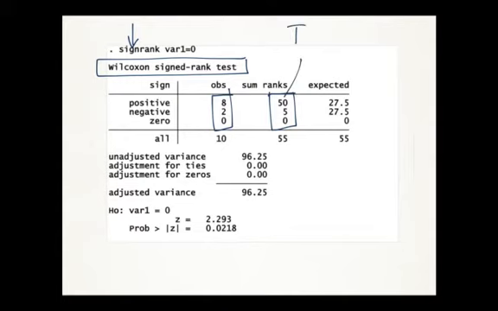Under the null hypothesis, we would expect half of the differences to be positive and half negative. So half of 55 is 27.5, which is why that is there. And then the corresponding p-value is down here, 0.0218. That's less than 0.05. We would reject, and we conclude that the MS patients have higher values of the outcome than controls.